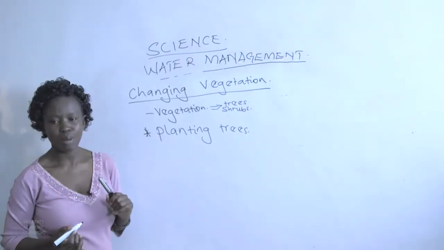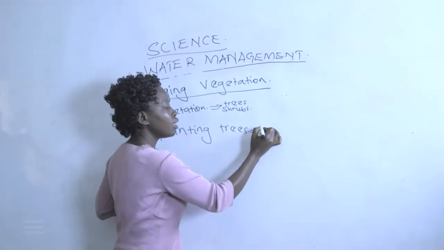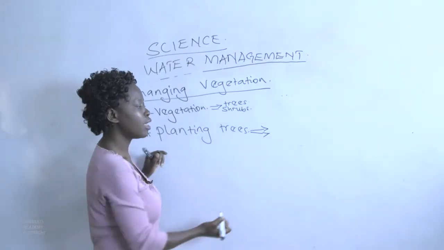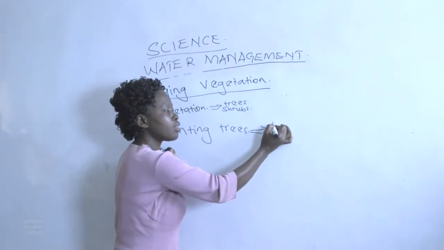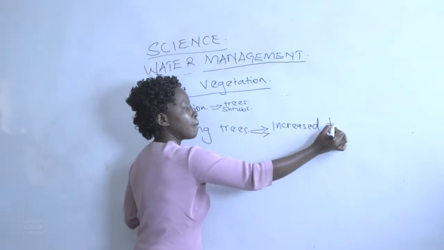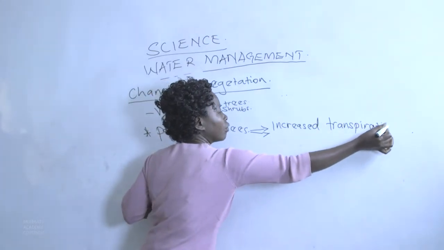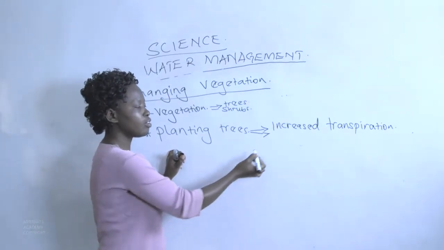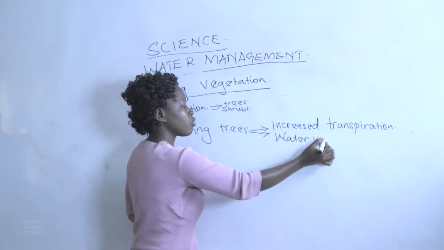One of the effects of planting trees in a region is that the trees will take up water from the soil much more easily, and as they take up water from the soil much more easily, there is an increased rate of transpiration. And since the transpiration rate has increased, it means the water vapor is also increased in the atmosphere.